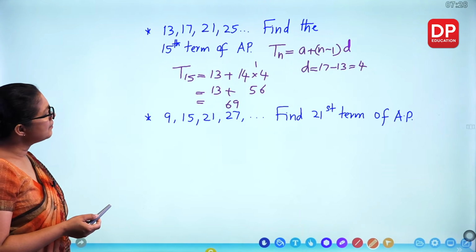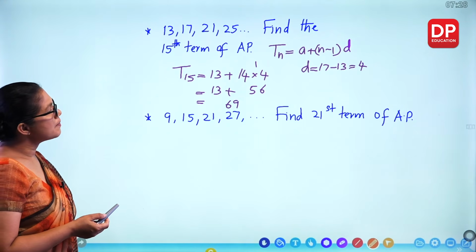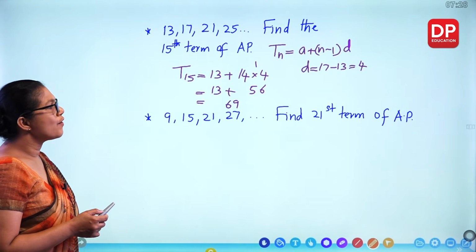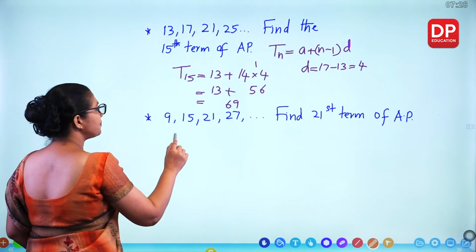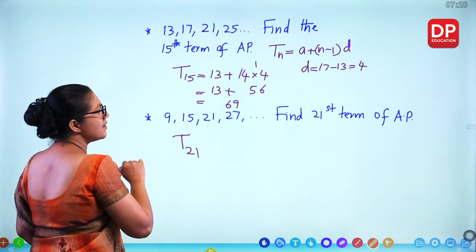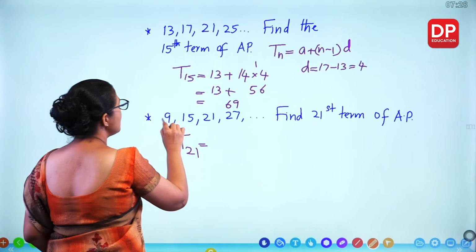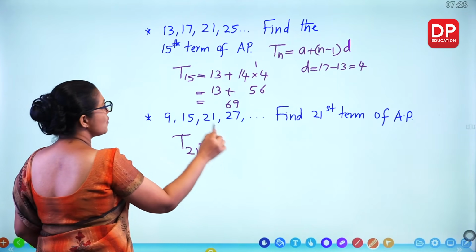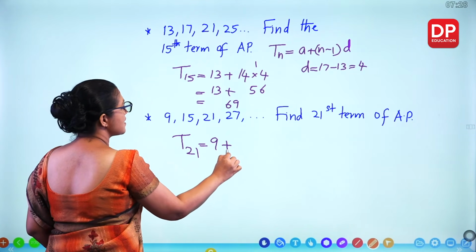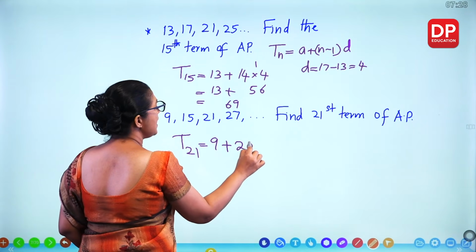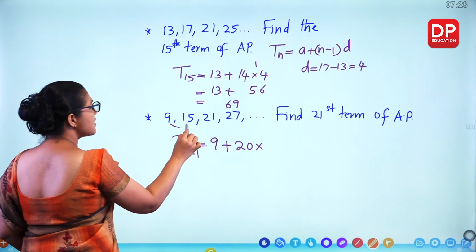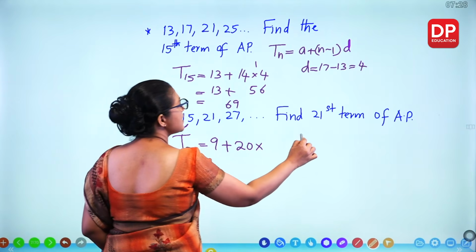Take the next one. You have given an arithmetic progression. You are asked to find out the 21st term. So, what is n here? 21. Plug those values. This is the first term. So, 9 plus 21 minus 1, 20 d. What's d value? Take the difference.